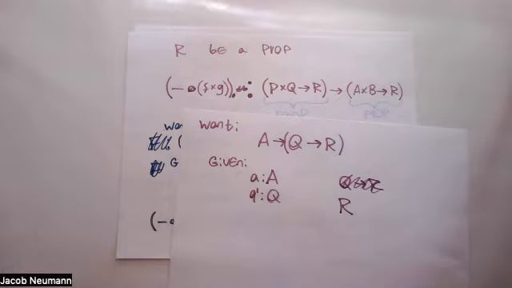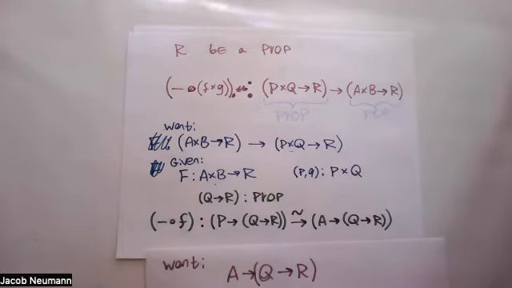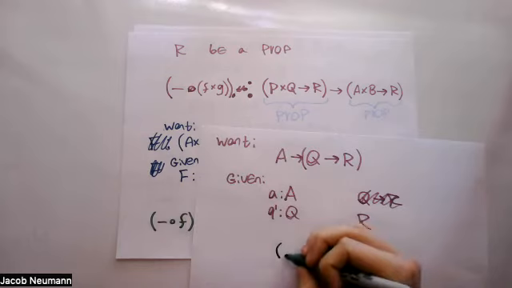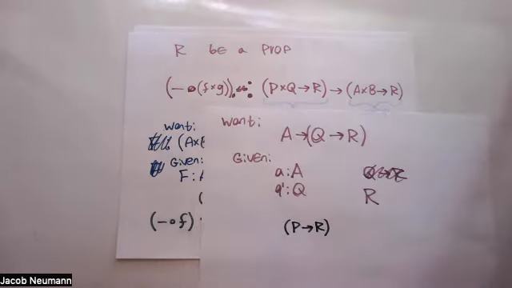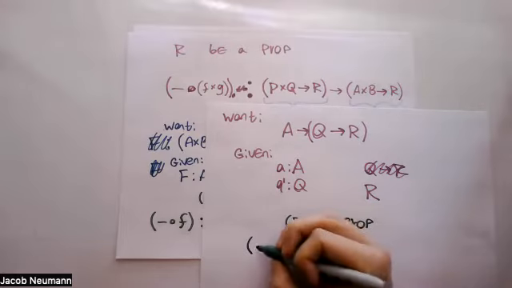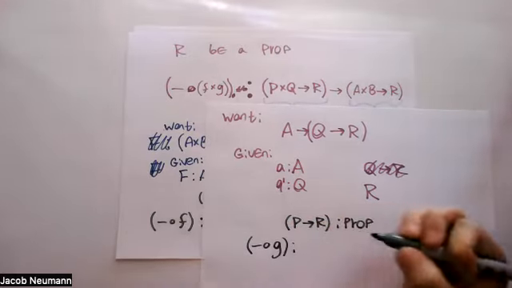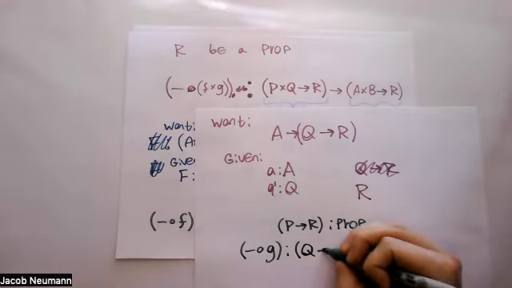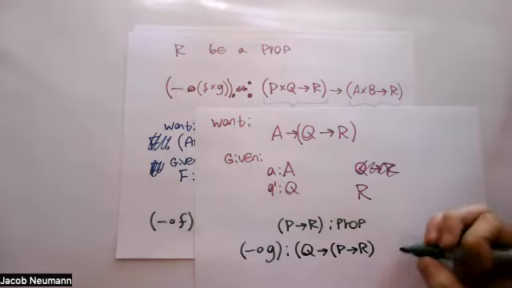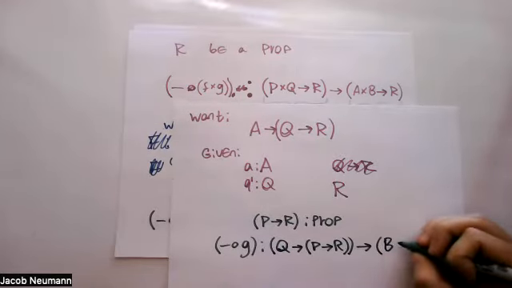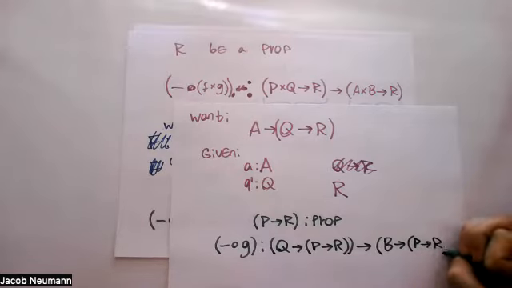All right. Now we're going to instantiate the universal property of G with the proposition we're mapping into being P arrow R. Since this is a proposition, the precomposition with G, which goes from Q arrow P arrow R to B arrow P arrow R, is an equivalence.